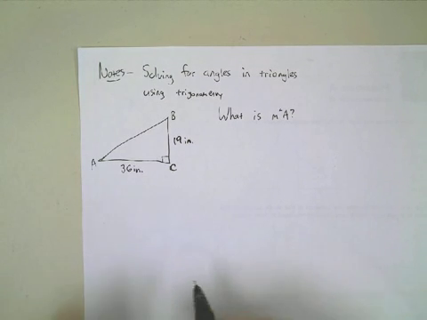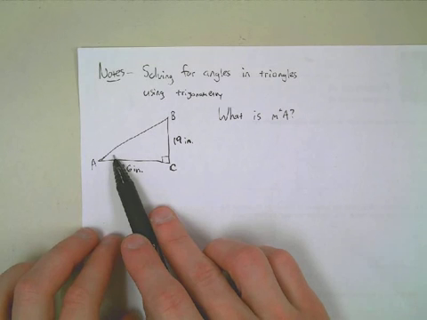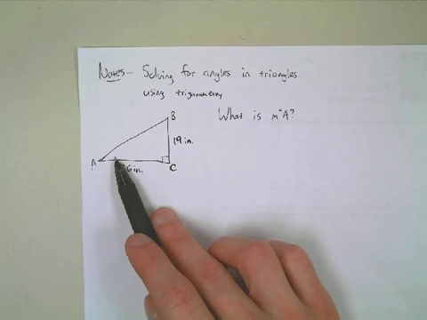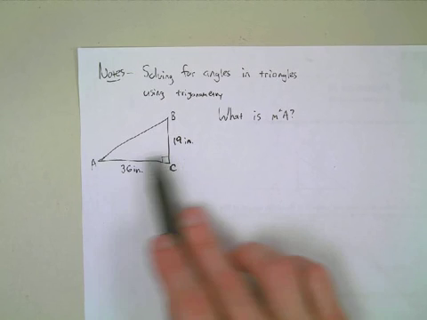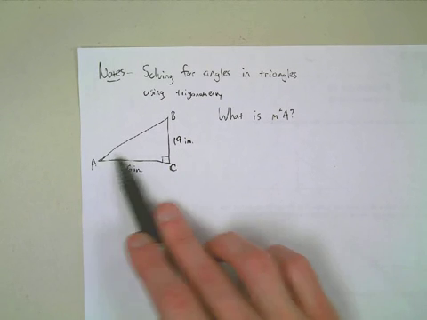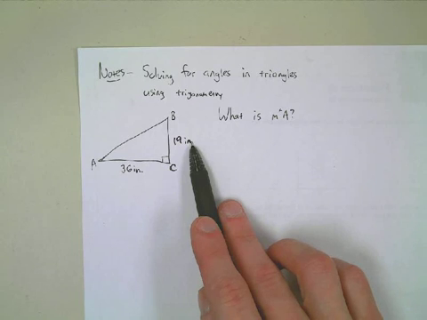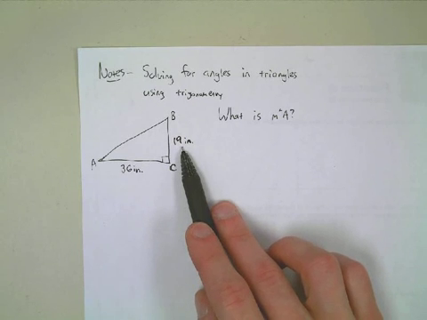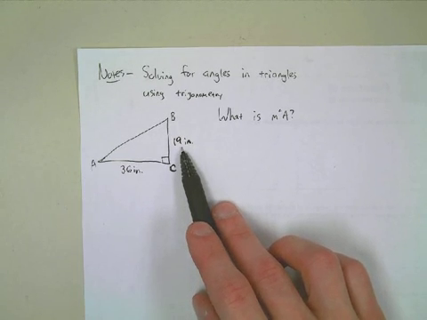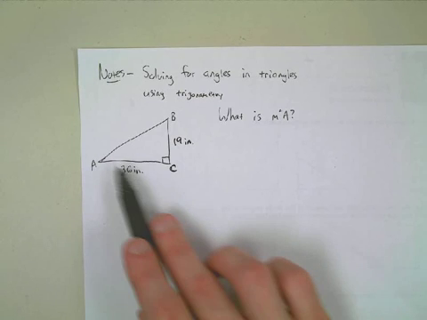Okay, so if we want to find specifically angle A here, well, we have this side 19. Now, what is 19 in relation to angle A? Is it opposite, adjacent, or is it hypotenuse? Opposite. It's the opposite, okay? So we have the opposite side from angle A. What is 36 in relationship to angle A? Adjacent.